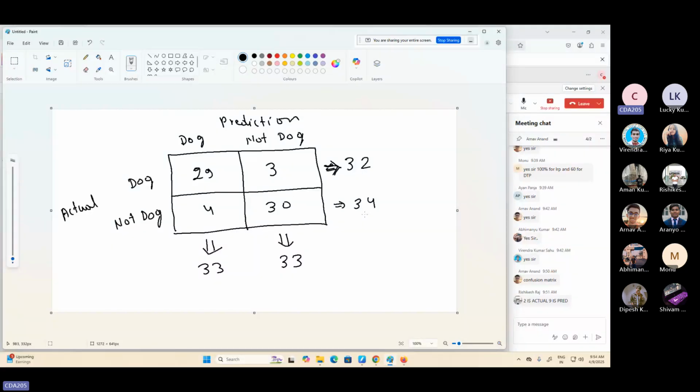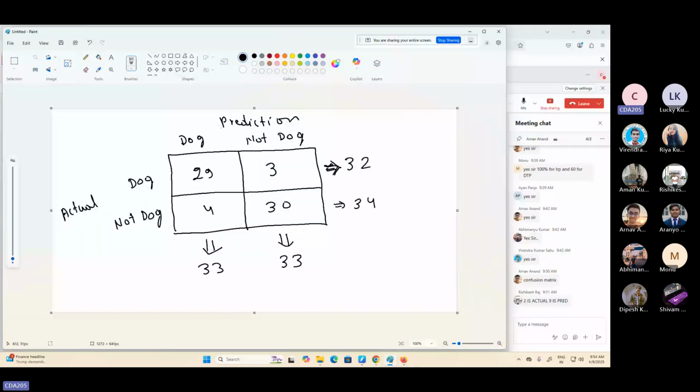So that is 34. Similarly, the model has predicted 33 times dog, out of which 29 times it is a dog and 4 times it is not a dog. Similarly, the model has predicted 33 times not dog, out of which 30 is not dog and 3 is a dog.